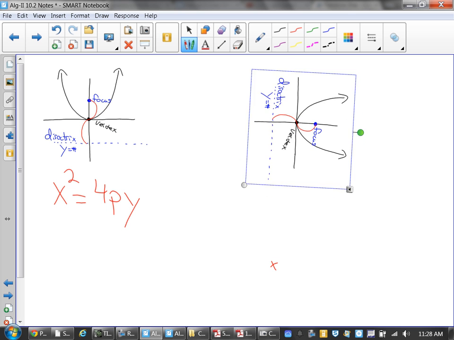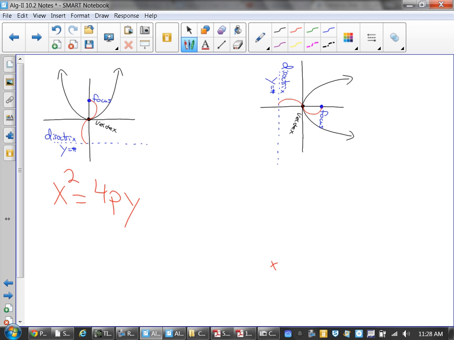And we spin this, and this is a y squared equals 4px. What I'm doing here is showing you guys two different ways that we're going to write these.